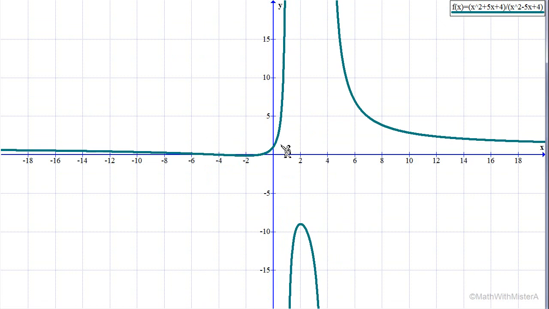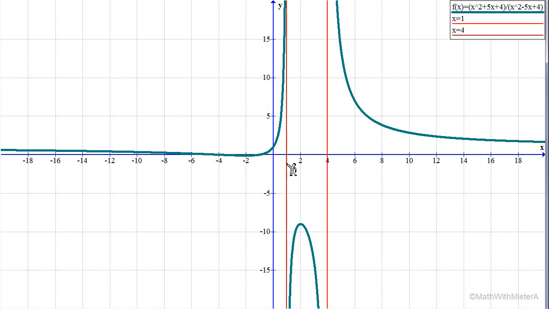Well, we talked about the graph avoiding those x values that would make the denominator equal 0. And if you're quick with factoring, you might see this denominator we could factor as x minus 4 times x minus 1. And if we solve that, setting it equal to 0 and solve, we'll get solutions of 1 and 4. So we're seeing these vertical asymptotes at positive 1 and positive 4.